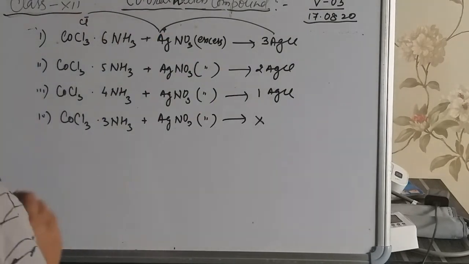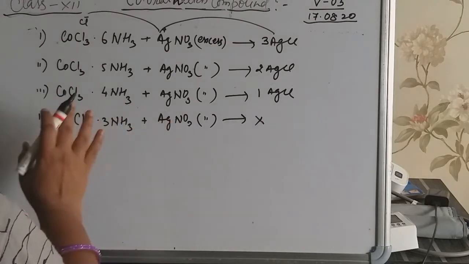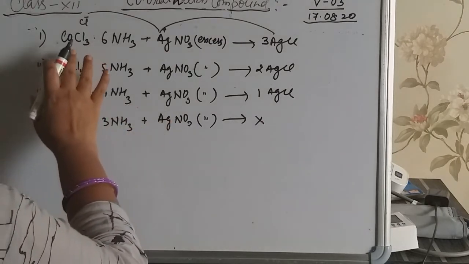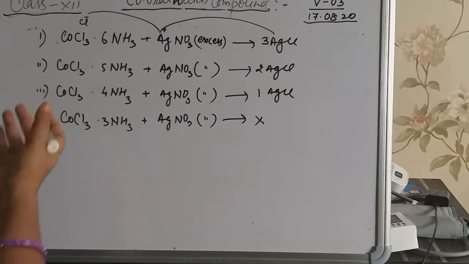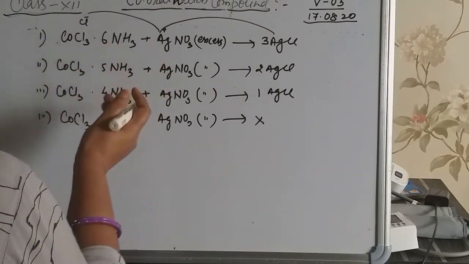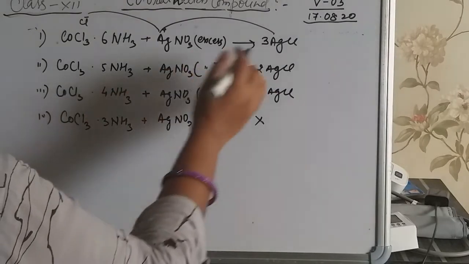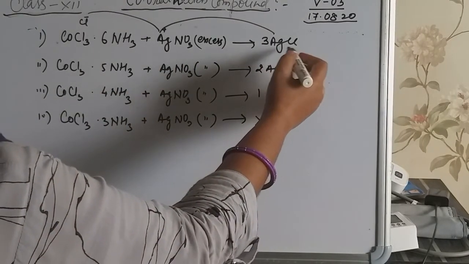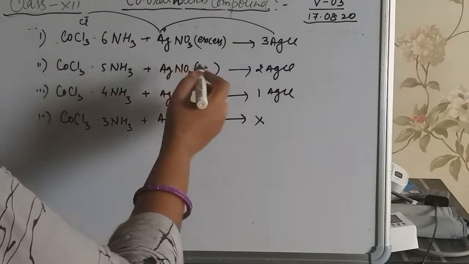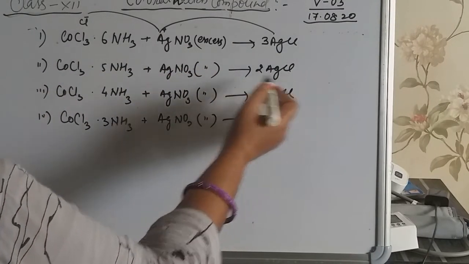On the basis of this, he found that depending upon the nature of the cobalt chloride complex, the number of moles of AgCl formed depends on how much chlorine it releases. If it releases 3 moles of chlorine, 3 AgCl form. If it releases 2 moles of chlorine, 2 AgCl form, and so on.